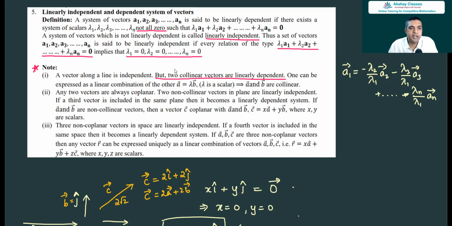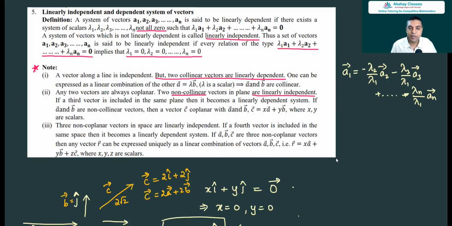Next, any two vectors are coplanar. Let's say two non-collinear vectors, that means they're not parallel, in a plane are linearly independent.